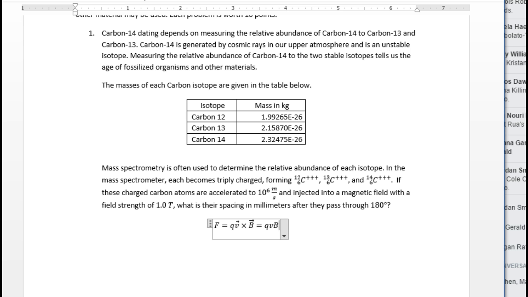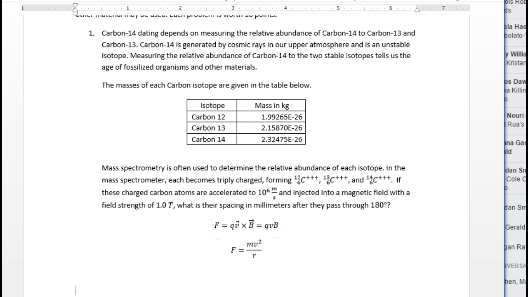So the force on each particle is QVB. This leads to a centripetal acceleration. The centripetal force is mv squared over the radius.